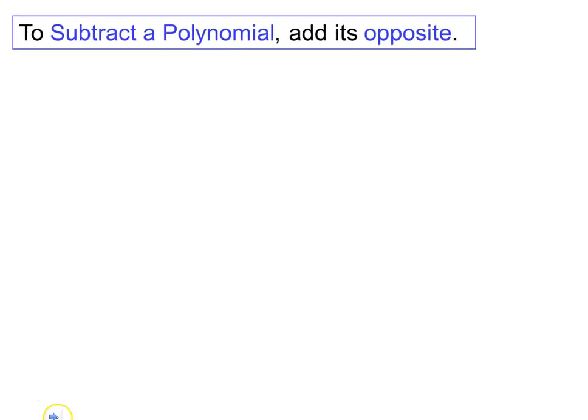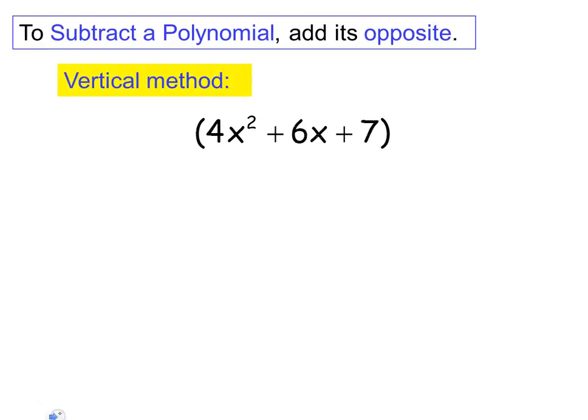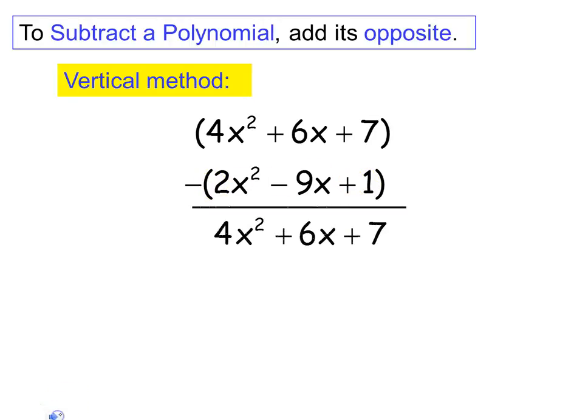Subtracting polynomials is a little more complicated because you're subtracting an entire polynomial, not just the individual monomial. So notice we've written the parentheses around the bottom term, so you can see that we're subtracting all 3 terms, not just that first 2x squared. So that becomes 4x squared, and we're going to subtract 2x squared from it.